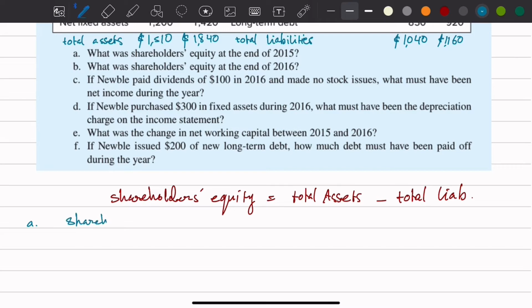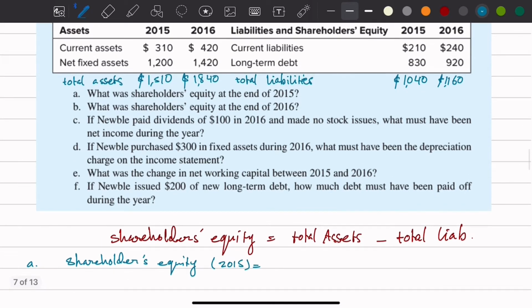Shareholders' equity for 2015 will be the total assets of 2015, which was 1,510, minus the total liabilities of 2015, right here, which is 1,040.